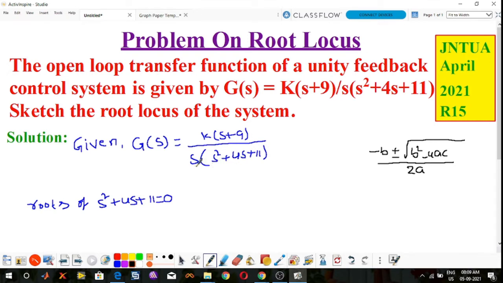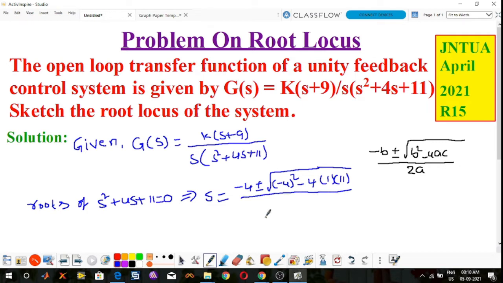One pole is at s = 0, and the others are the roots of s² + 4s + 11. So s = (-4 ± √((-4)² - 4ac)) / 2a, where a is 1 and c is 11.